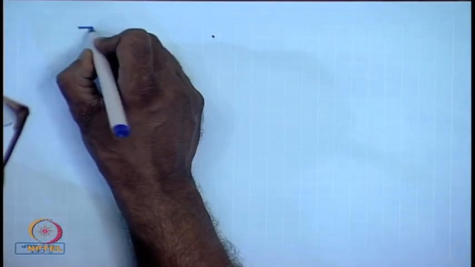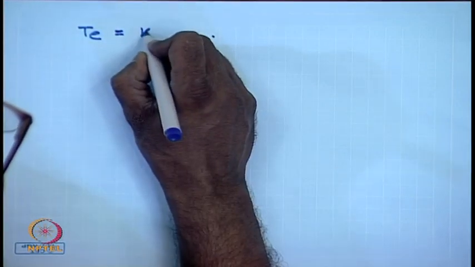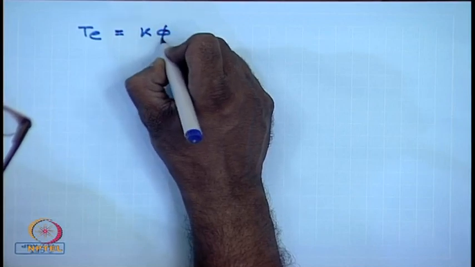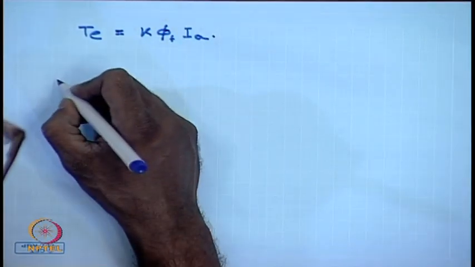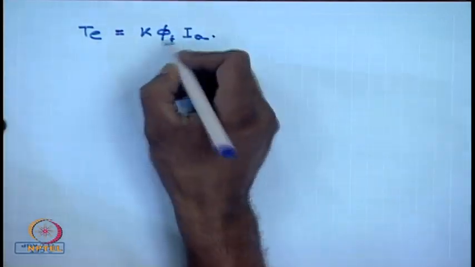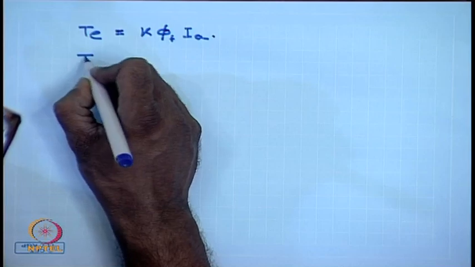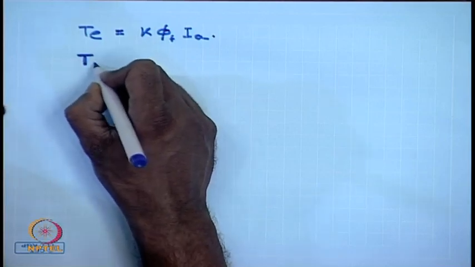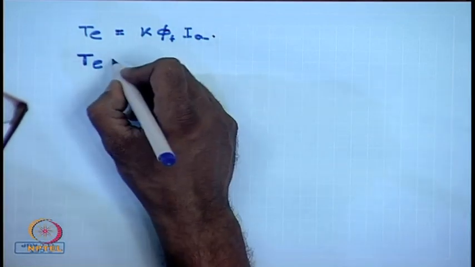So, the torque generated T E is K phi f I A. The maximum torque that can be generated, irrespective of the value of phi, is at any given flux.